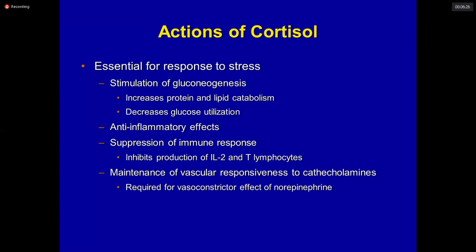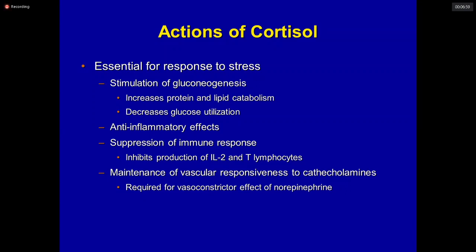Basically, it is the hormone that the body uses to respond to stress. And in stress, we need enough glucose, so that will stimulate gluconeogenesis by actually making glucose more available. So it will induce gluconeogenesis, and it will increase the lipolysis of lipid, and catabolism of the protein.